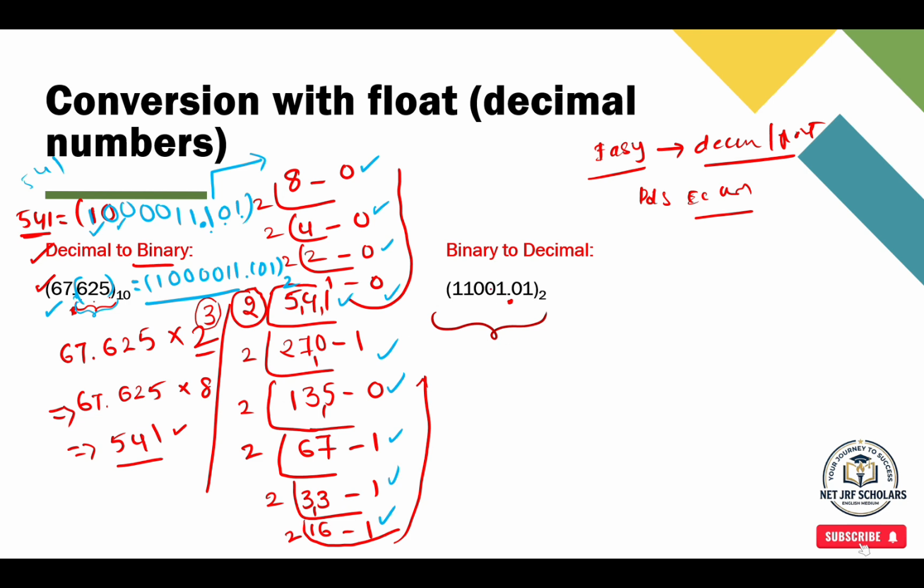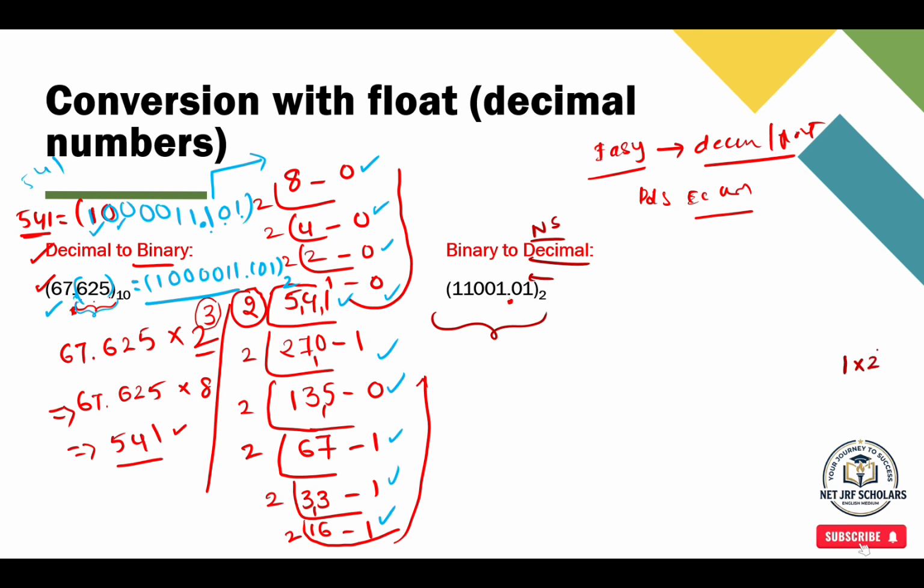Now we will convert this binary number into the decimal number system. It is the same way, there is not much difference in this case, but there is a small difference at the end. As I said, first we need to start from the right side.